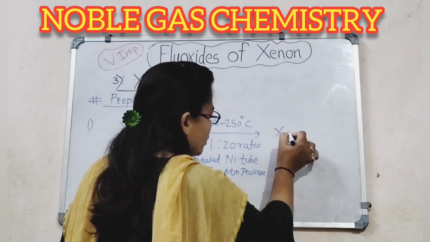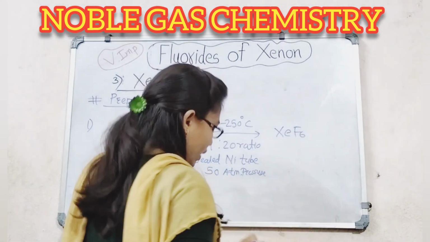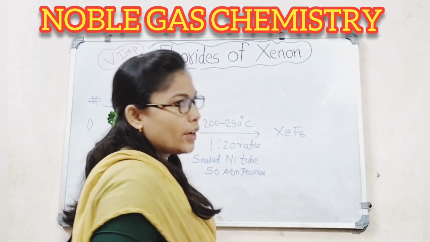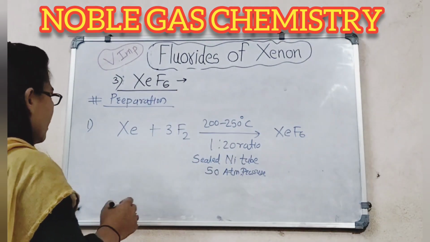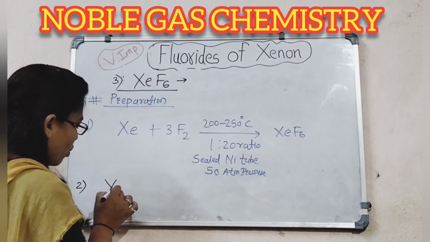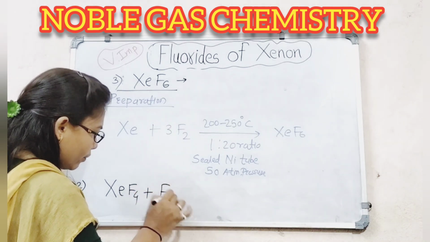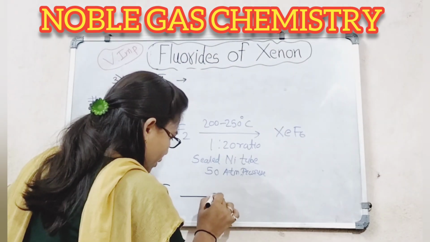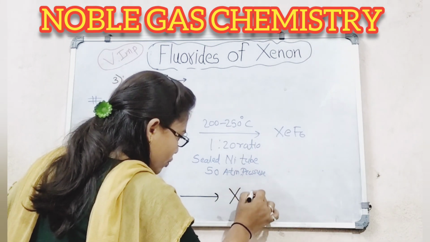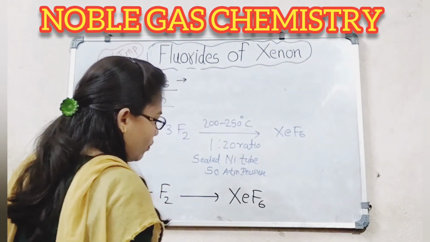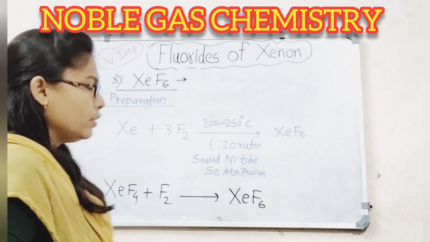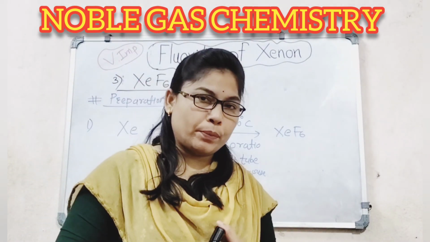Then we get xenon hexafluoride. Xenon hexafluoride is also prepared by the interaction of xenon tetrafluoride and F2 under pressure. It also gives xenon hexafluoride. These are the two different methods of preparation.